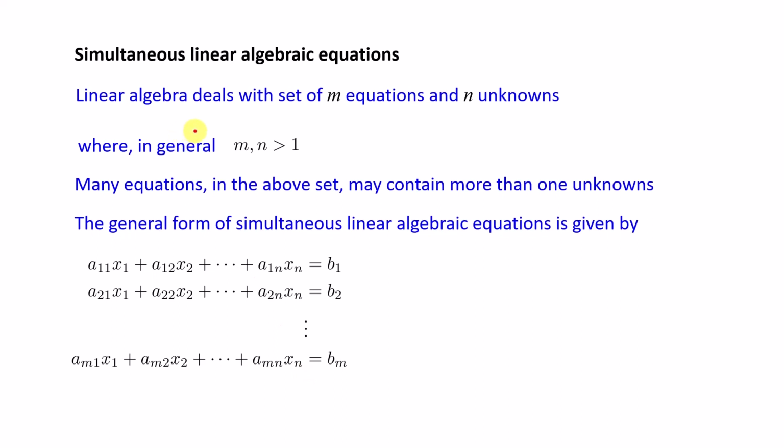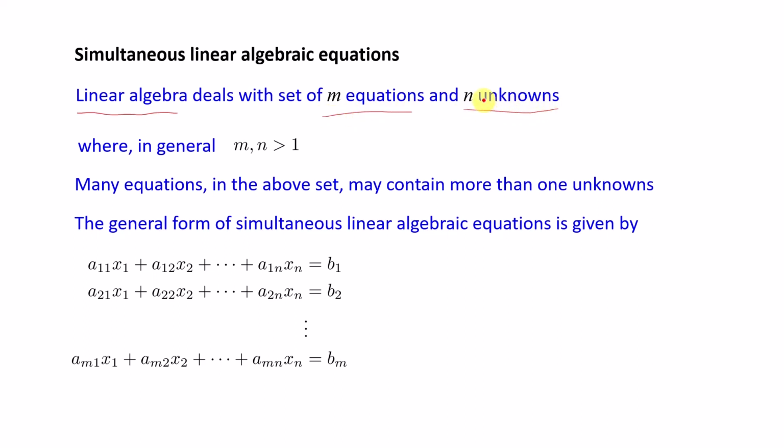Solution of one linear equation with one unknown is trivial, and we are not really interested in that so much. In linear algebra, we talk about a set of a large number of equations with a large number of unknowns. So in general, we have m equations and n unknowns.